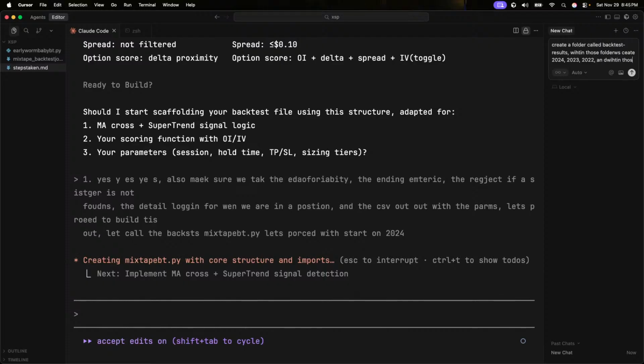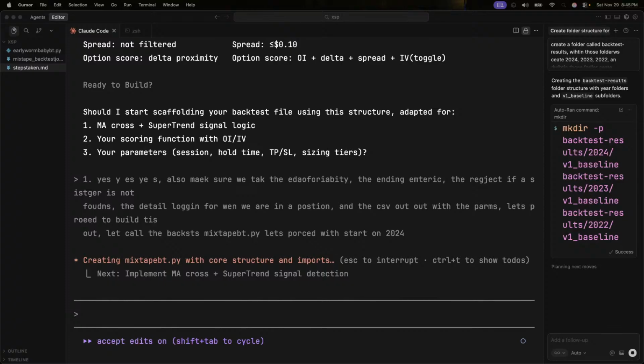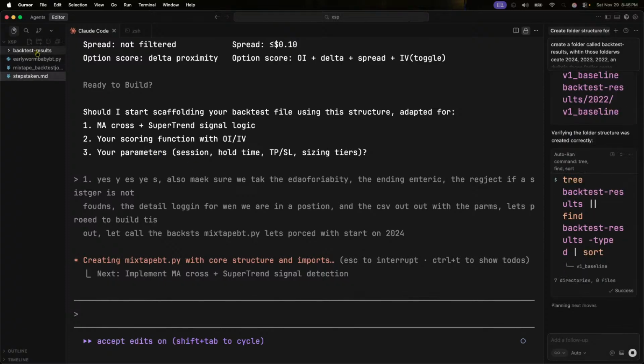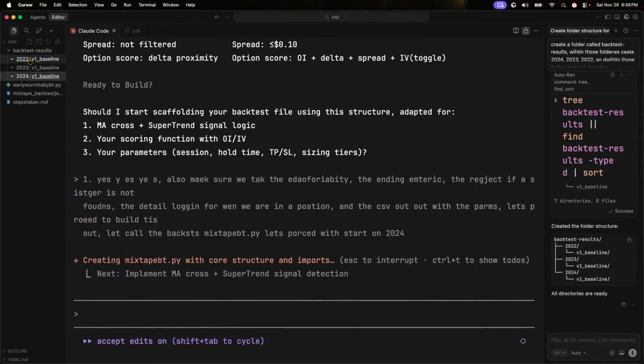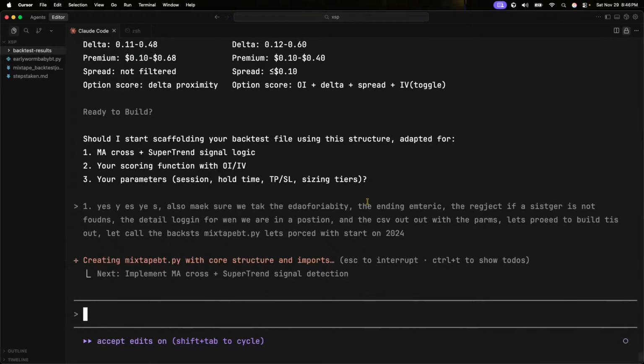And within those folders, create V1 baseline. Beautiful. So we can stay organized. All right, Gucci. Here's our backtest folder. 1, 2, 3. I love it when you listen. Thank you. You'll be back more.